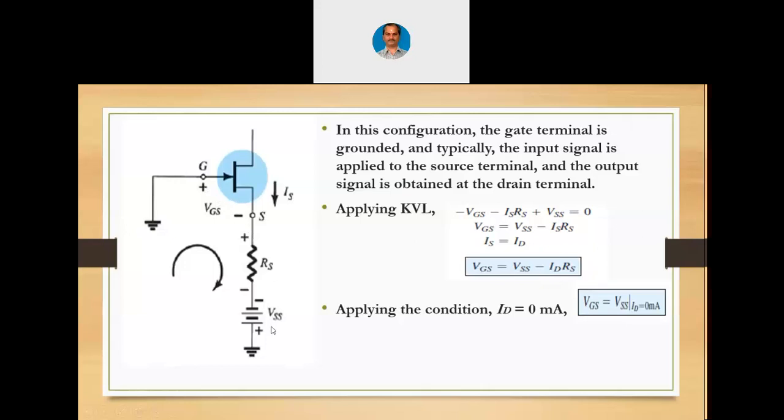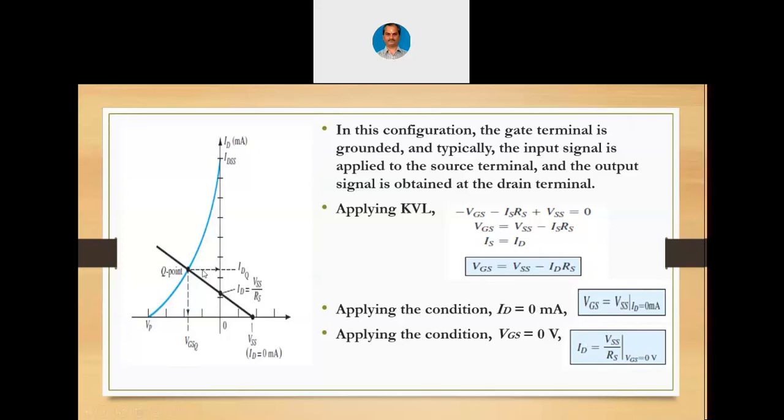It depends on the value of VSS which we are using here. So applying the condition VGS equals 0, we get ID equals VSS by RS using the same expression. ID equals VSS by RS corresponds to VGS equals 0 volts. By using these two expressions, we can solve for the quiescent point.